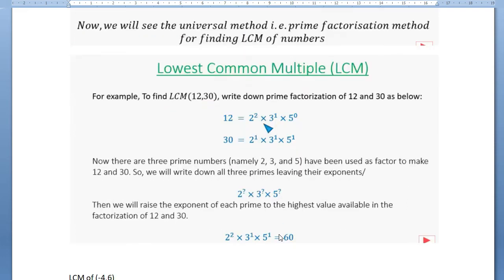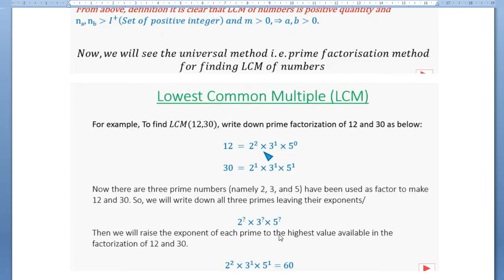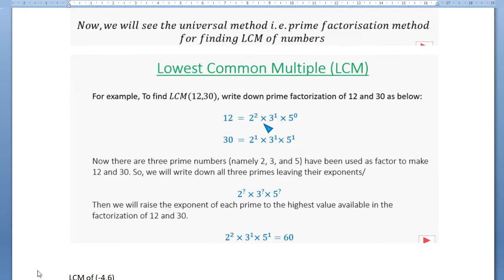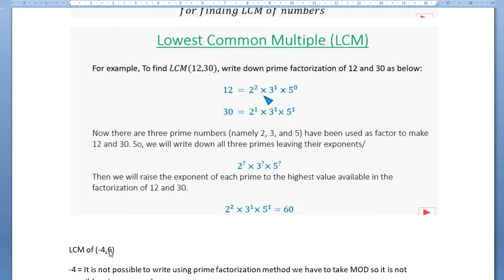Now, is the universal method, that is the prime factorization method for finding LCM, possible for minus 4 and 6? No. Why?